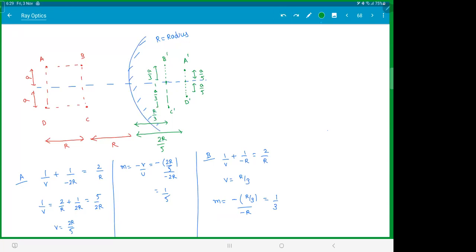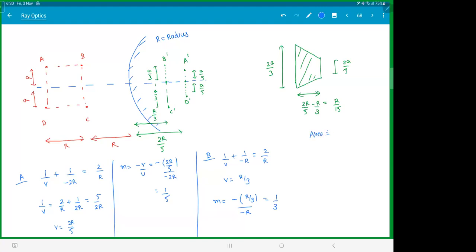So if you look at these 4 points here and join them, what you get is a trapezium, where this distance is 2R by 5 minus R by 3, that is R by 15. This height is 2A by 5. This height is 2A by 3. So I'm asking you to find this area.